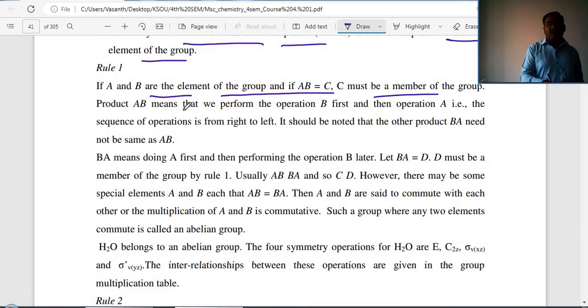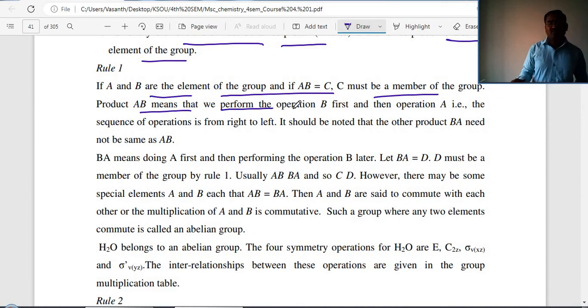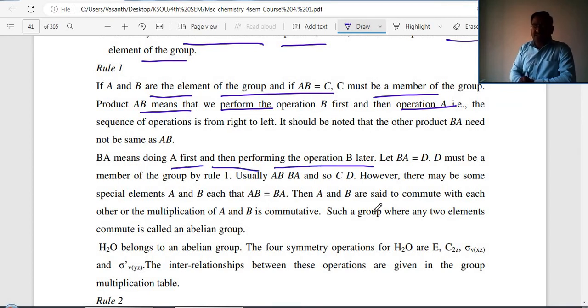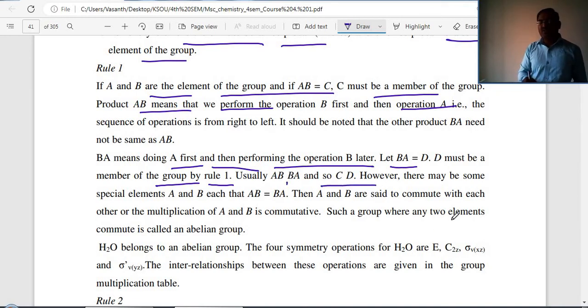Here, the product AB means that we perform operation B first and then operation A. BA means doing A first, then performing operation B. Let BA be equal to D. D must be a member of the group. Usually AB and BA give C and D.